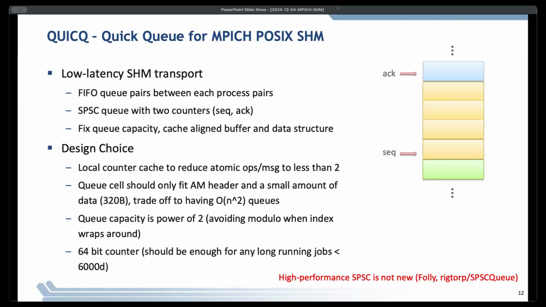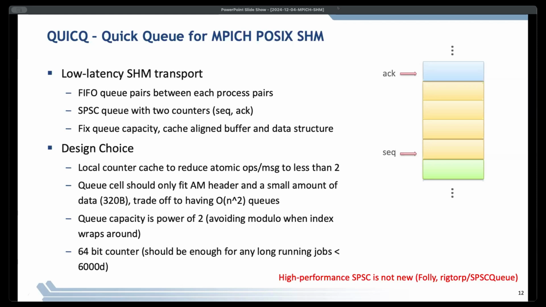One of these is we're trying to reduce the number of atomic operations per message. If you think about this, when the sender is trying to send a message, it will look at the SEQ counter and see what is the next available buffer, and if that buffer is available, it will use it for communication.